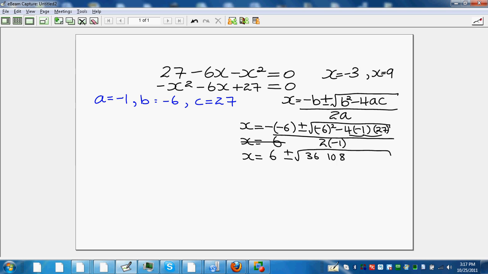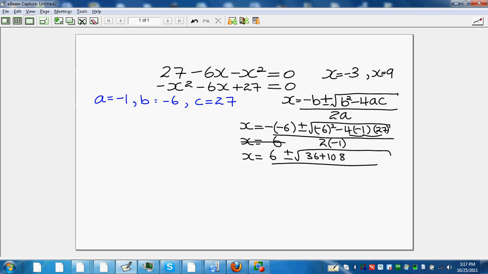So you get plus 108. Right? Because minus 4 by minus 1 is positive 4. Positive 4 by 27 is positive 108.